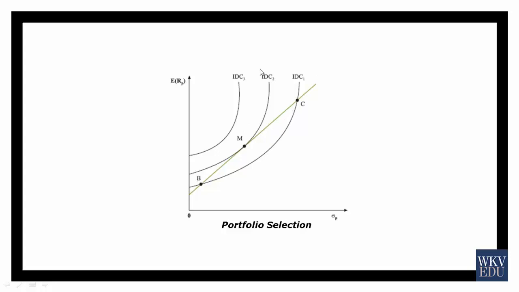On the other hand, indifference curve 2 is tangential to the CAL at point M. Given a choice between investing in a portfolio on indifference curve 1, that is points B or C, or in a portfolio on indifference curve 2, that is point M, an investor would choose the portfolio on indifference curve 2 as it offers a higher level of satisfaction. Therefore, point M represents the optimal portfolio for this investor.